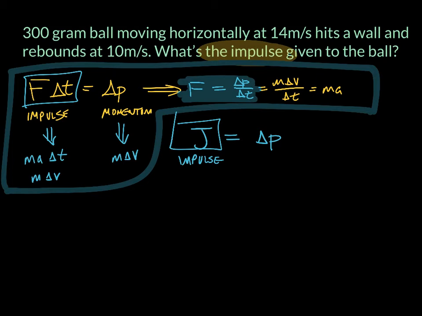So impulse will be change in momentum, which is going to be mass times the change in speed. The ball has a mass of 300 grams, which would be 0.3 kilograms. The change in speed was going to be, what is it?